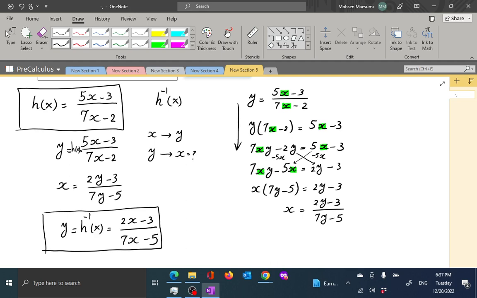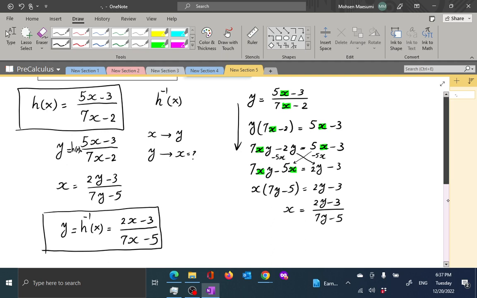You cross multiply, bring all the x's to one side, factor and divide, you get the x. At the end, you exchange the letters x and y. Instead of y you write x, instead of x you write y, only because we are accustomed to expressing our function in terms of x. No other reason for the last stage.